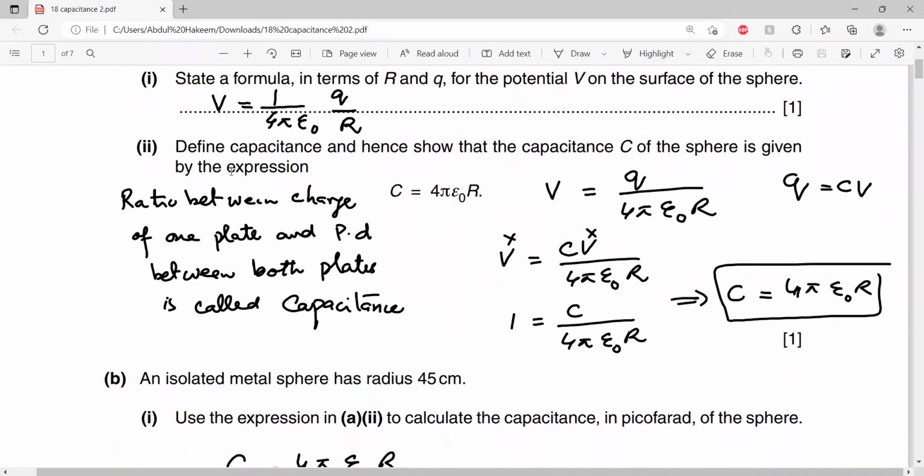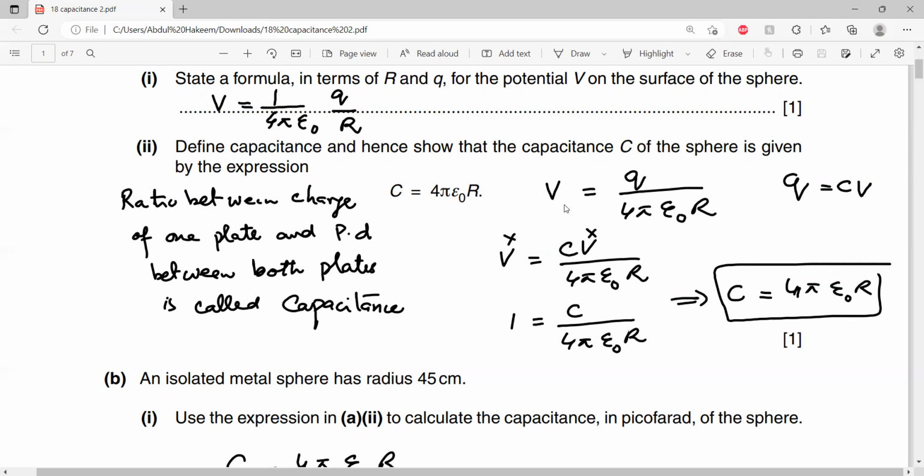Next part is: define capacitance and hence show that the capacitance of the sphere is given by the expression C is equal to 4 pi epsilon naught R. The ratio between the charge of one plate and the potential difference between both plates is called capacitance. This is the definition.